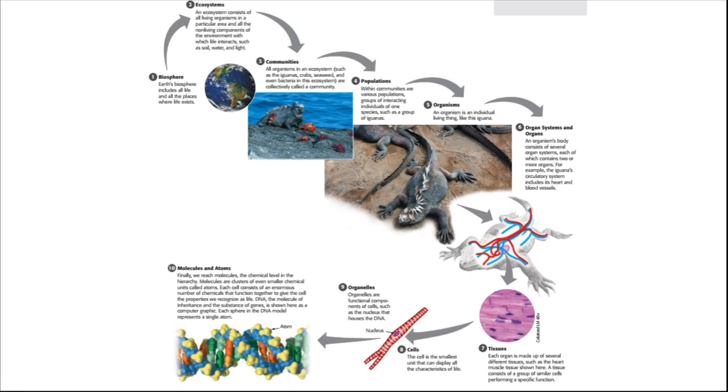So you might be a scientist that really focuses on DNA, which would be number 10 in this flow chart. Or you might be a scientist that really focuses on tissues and the interactions of different tissues within the body. Or you might be an ecologist that looks at animals on a population and community level. So there's a lot to look at, but all in all, the pattern here is that there's a lot of different organization happening.